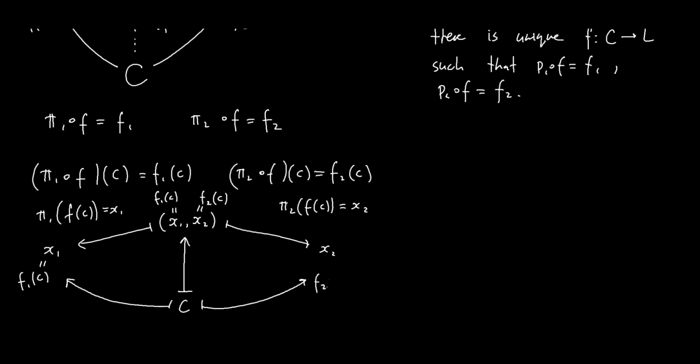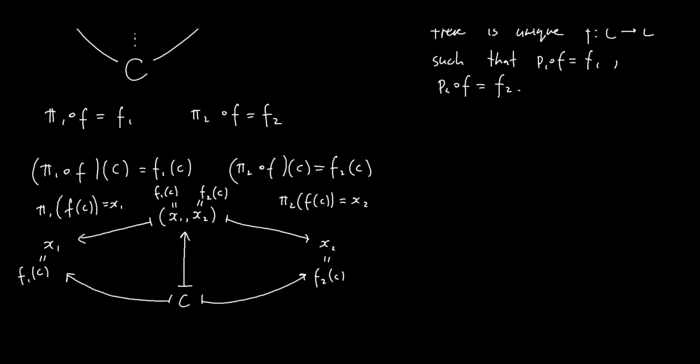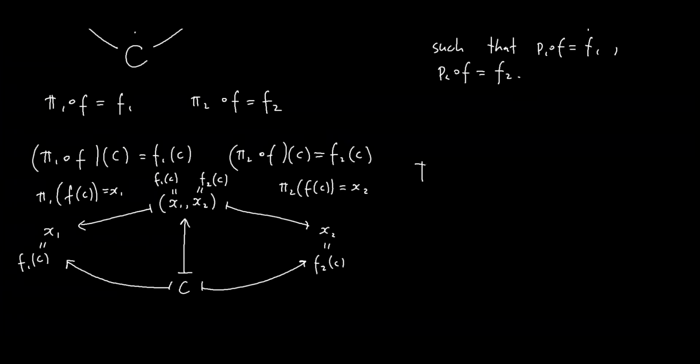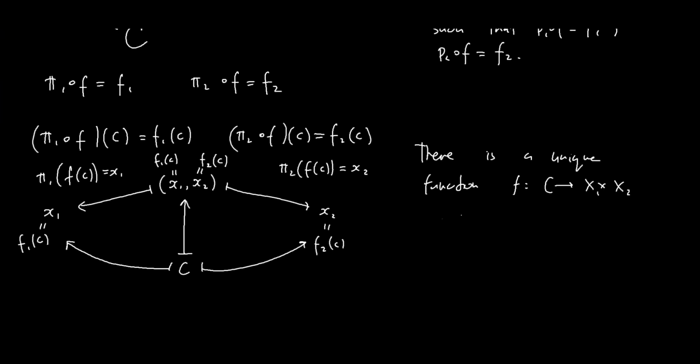So that basically says that we're now claiming that there is a unique function f from C to the product x1 times x2 such that f of c equals the ordered pair f1 of c, comma, f2 of c. And of course this is true, there is a unique such function.